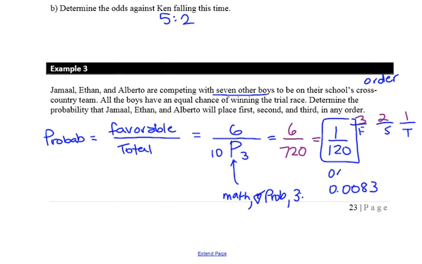What's another way you can answer? Percentage. How do I change that to a percent? Times by 100, so 0.83%. So there's three ways we can represent the probability. Actually, there's a fourth way, and that is odds in favor and against. That could show up as well.